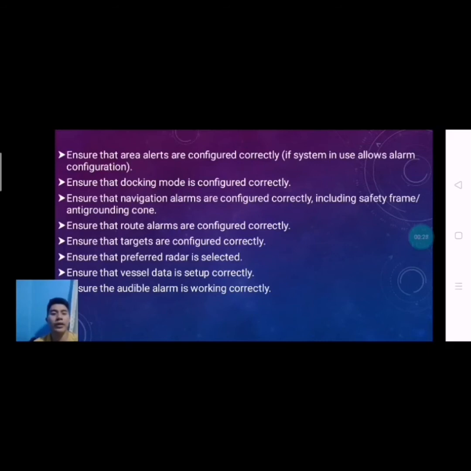Ensure that the preferred radar is selected. Ensure that vessel data is set up correctly. Ensure the audible alarm is working correctly. Ensure the chart motion, chart orientation, screen layout, color palette, and additional ENC settings are confirmed correctly.